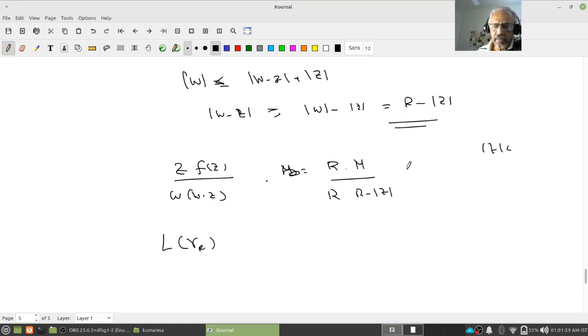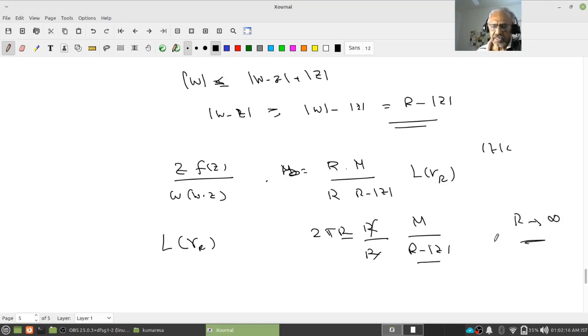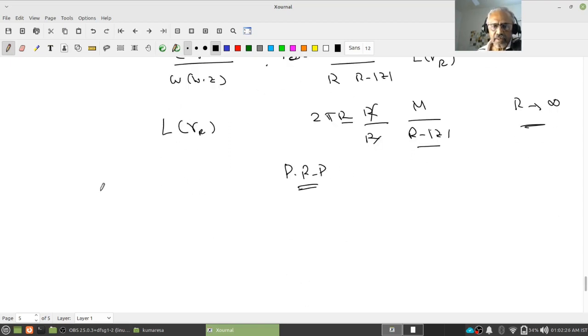So this will be 2 pi r into m, by r into r minus mod z. Now do you see there? I don't get anything. There is an r below, and letting r tend to infinity may not help me. Do you understand? Pause, review, proceed. So I have to be careful in getting the estimate.